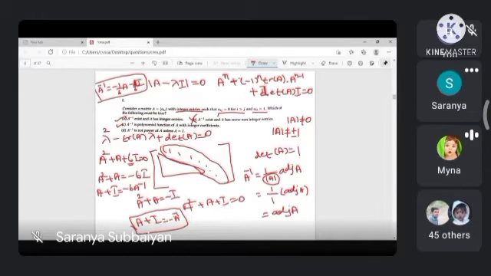A inverse is not a power of A unless A is equal to I. Any doubt for the last option? Suppose A is equal to I. Here A is equal to I means what will happen? 2A minus A inverse, right? So A inverse is a power of A, right?